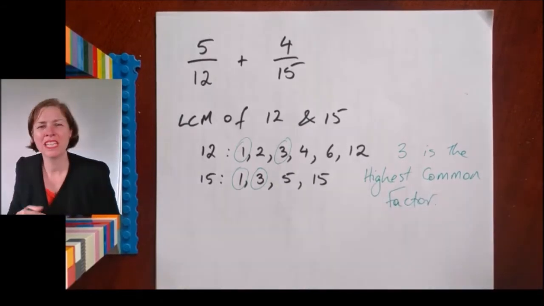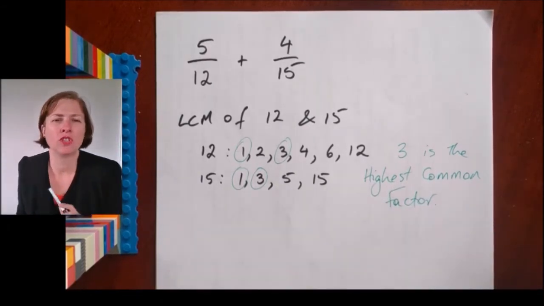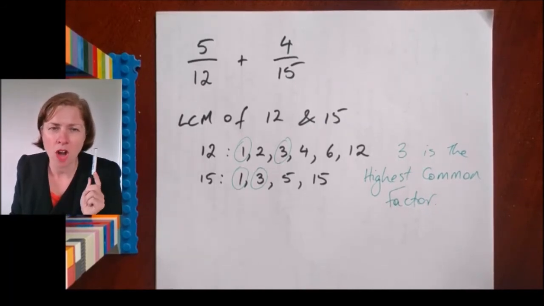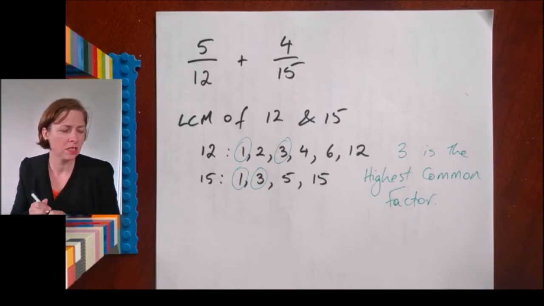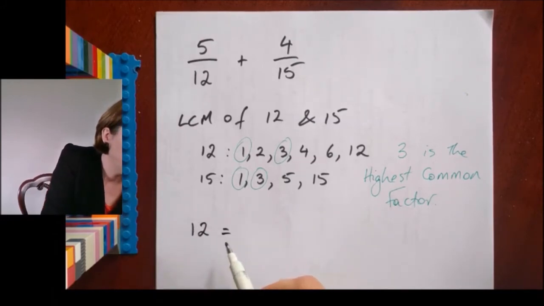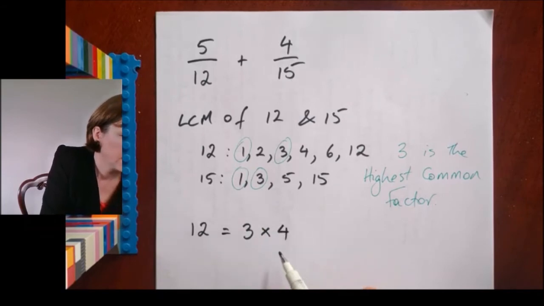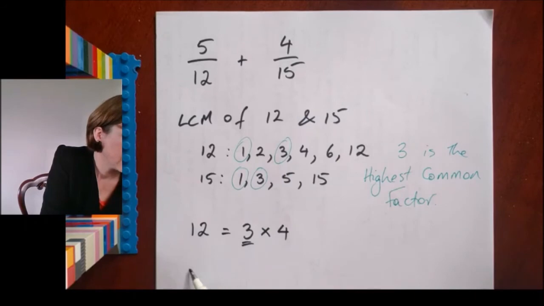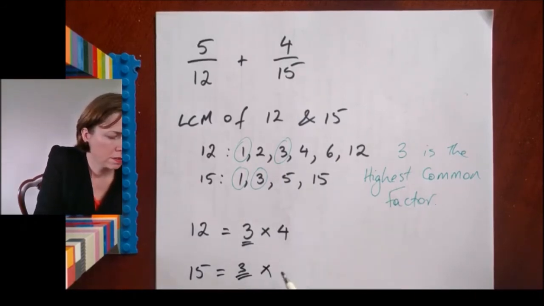Now, probably you don't need to do all that writing. You can look at 12 and 15 and go, 3 goes into both of them. You don't need to write all this down, but this is what I'm thinking when I do these questions. I'm looking first for the highest common factor. So then, to get 12, I need 3 times 4. And this 3 I'm using as my common factor. To get 15, I need the 3 times what?